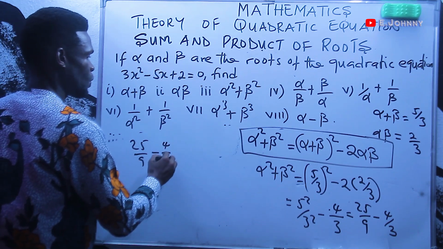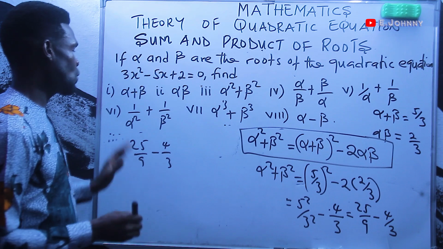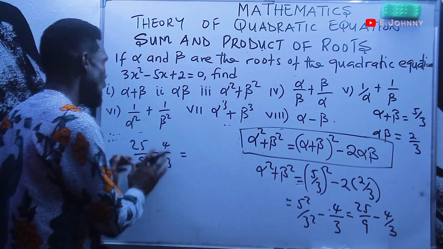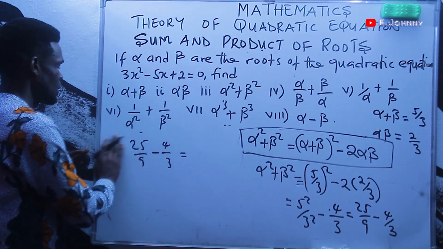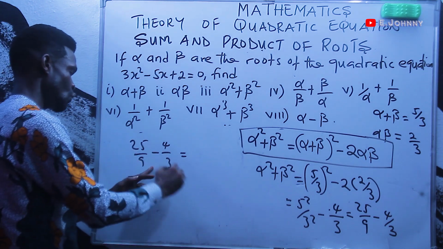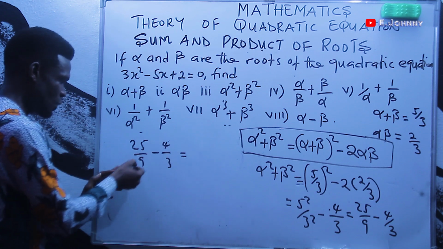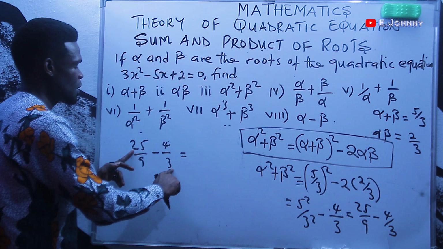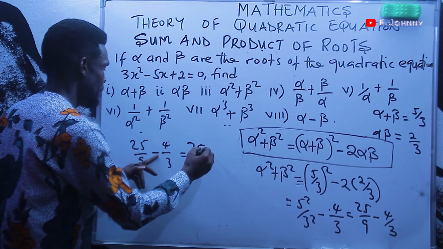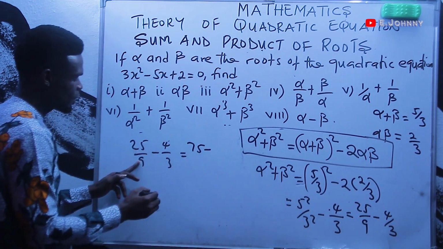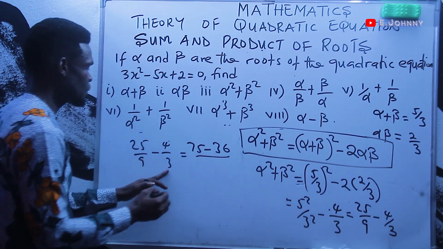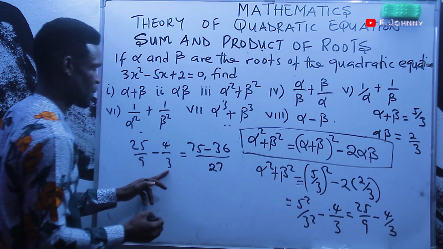25/9 minus 4/3. There is a very simple way to clear fractions, or to add or subtract fractions, which is this. Multiply this way, over this way. Alright, 25 times 3 will give you 75, minus 4 times 9, 36, divided by 9 times 3, 27.